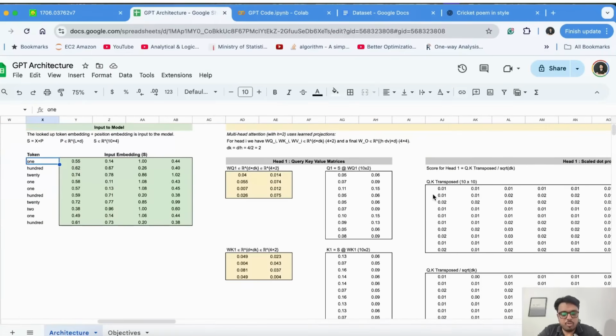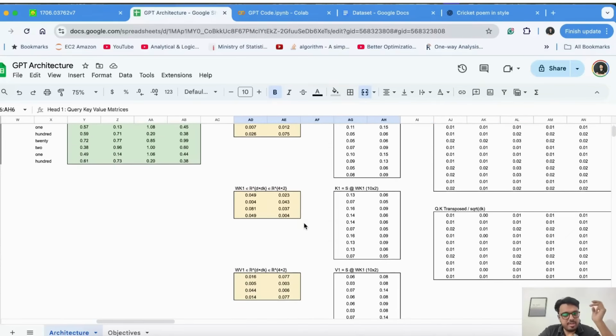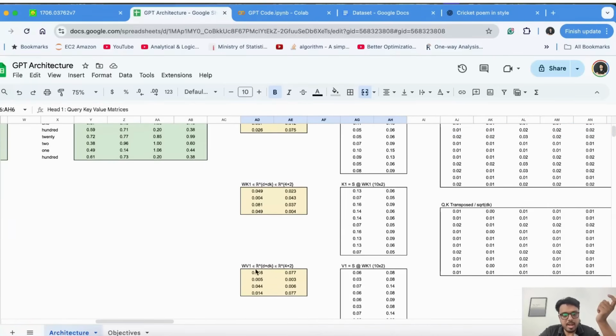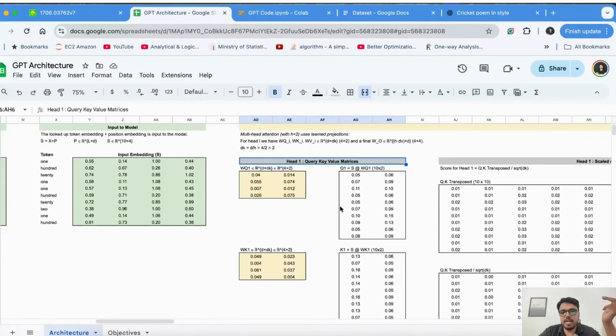So let's take head 1, for example. We initialize 3 different weight matrices, which are WQ1, WK1 and WV1: query, key and value matrices.